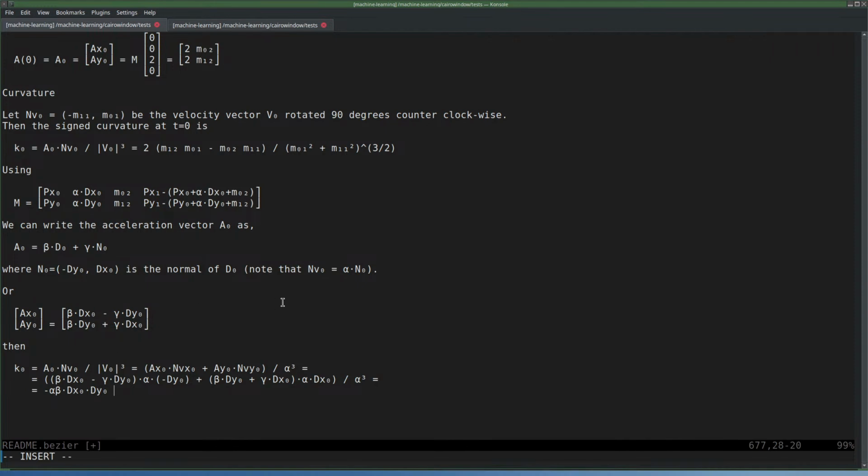Then you have two minus signs, so plus alpha gamma dy0 squared.